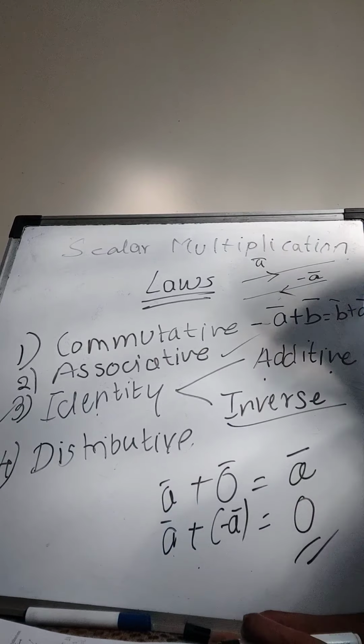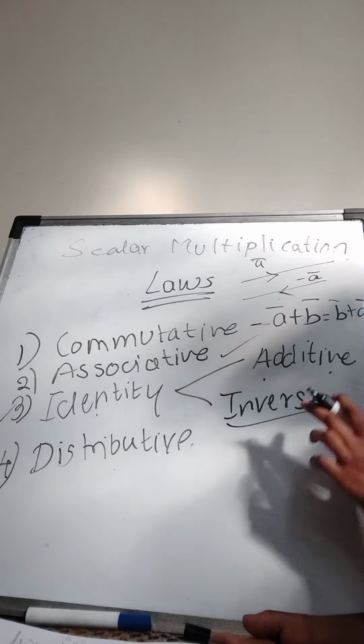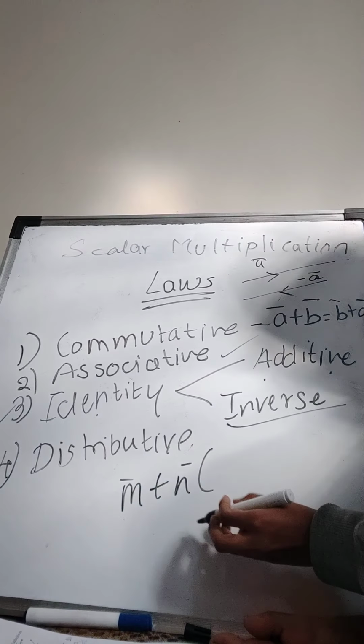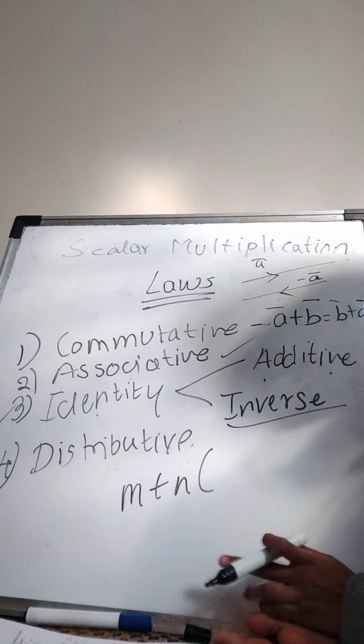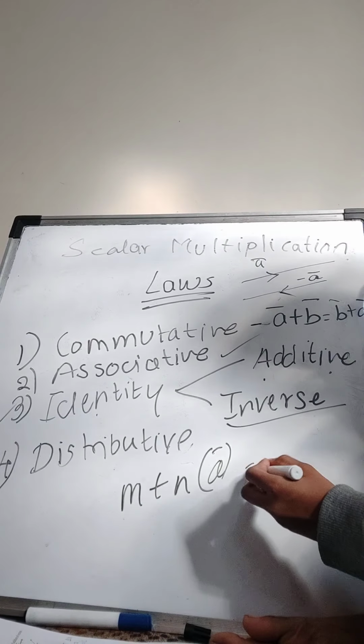Distributive law is very simple. If you multiply anything with anything, suppose I multiply m plus n, two scalars, into a vector, then what will happen?